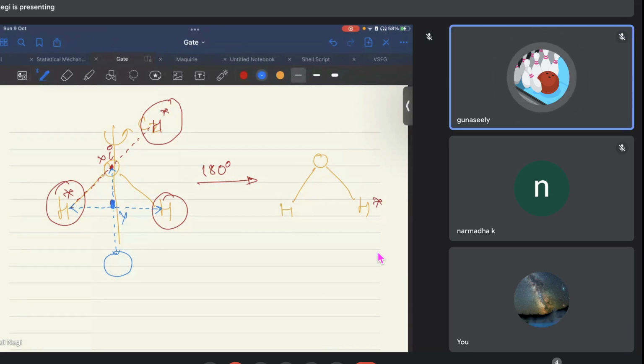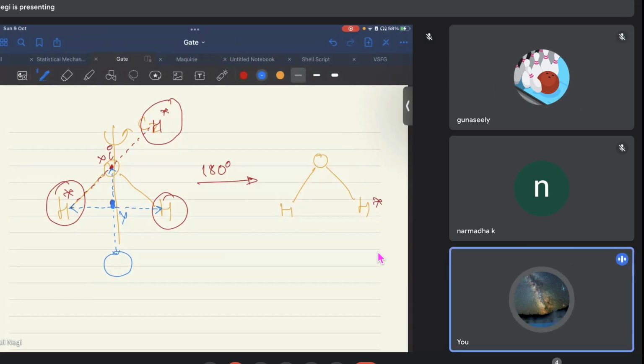Yes, ma'am. So in the H2O molecule, as in CHCl3, you yourself said that there will be no center of inversion. Why did you say it? Because if you take this carbon as the center of inversion, this hydrogen is not reflected back here because there is no hydrogen present there. If I am taking this as the center of inversion, every atom should get reflected to the same atom.